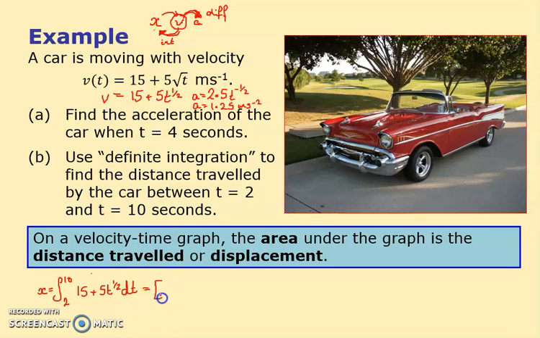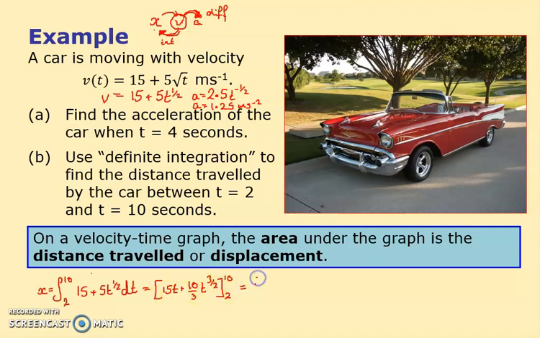So this is going to go 15t plus, and I've got to do 5 divided by, well, effectively 3 over 2, so I think that's 10 over 3 when you do that. Check that for me: 3 over 2, between 2 and 10. So I can substitute 10 in, and I can substitute 2 in.